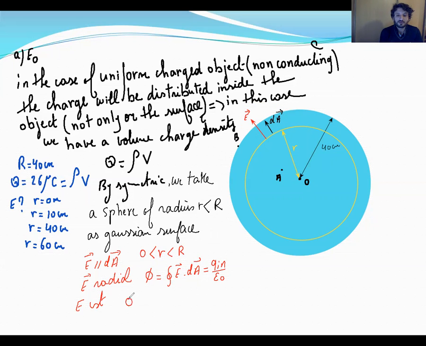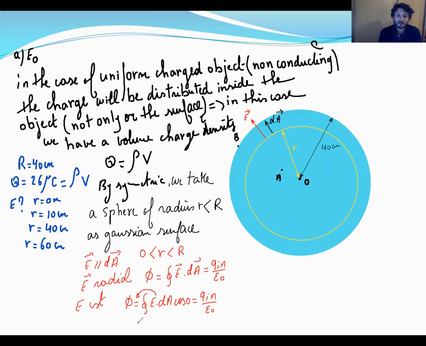So phi equals E dA cosine 0 equals Qn over epsilon 0. Okay, so E is constant at any point.